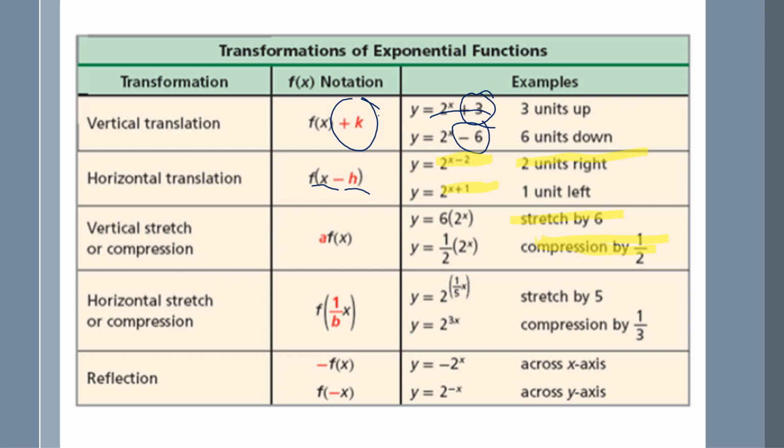So what if I have a negative number in front of it? It's going to reflect across the x-axis. All the other stuff that I did not highlight, it's not important. All right. Those things are not important for this particular function.